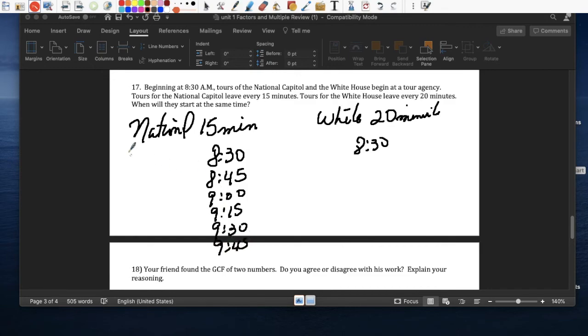So that's the National tour. The White House is every 20 minutes. So 8:30 plus 20 minutes is 8:50. 8:50 plus 20 minutes would give you 9:10. And 9:10 plus 20 minutes would put us at 9:30. So you can see that at 9:30, they have both tours starting at the same time. Okay.